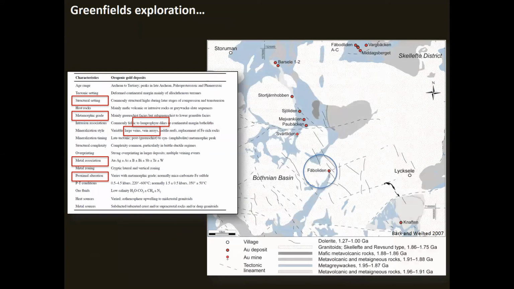There are geological processes that control the position and the location of the mineralization. So by trying to understand those better, we can use that knowledge to find more gold, mineral exploration in a nutshell.